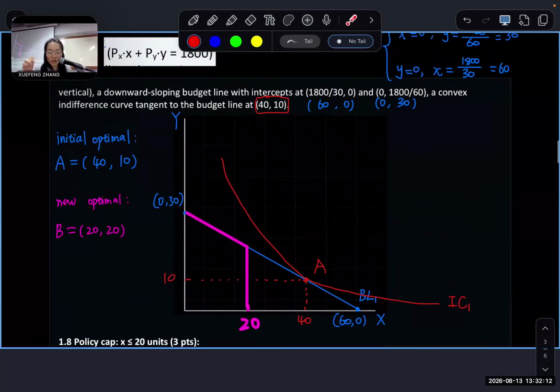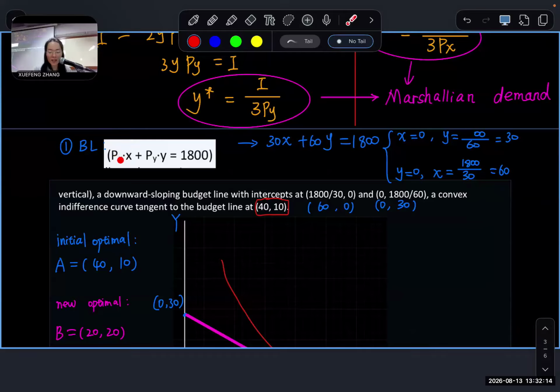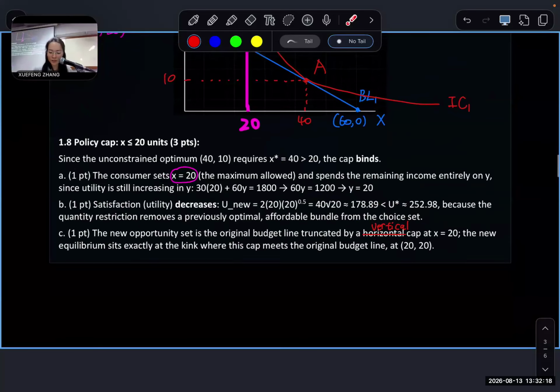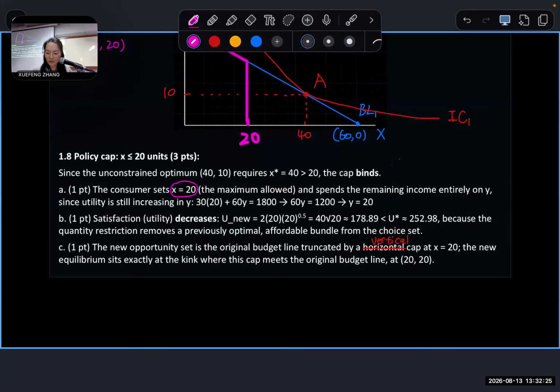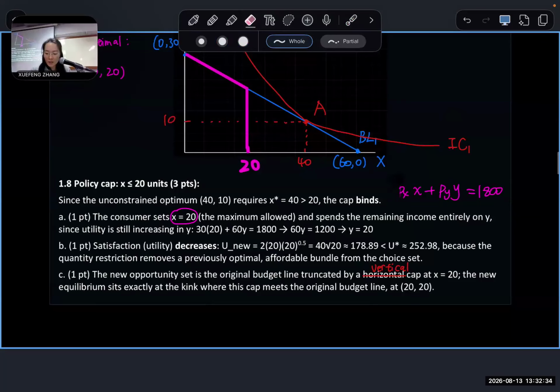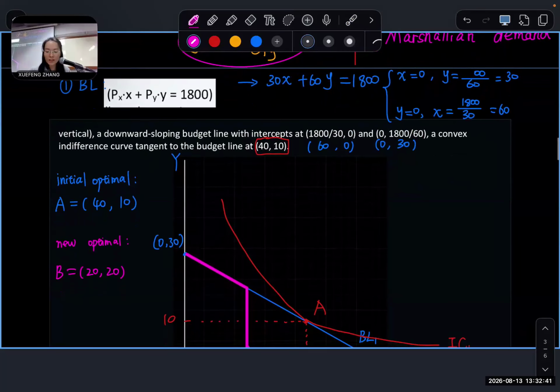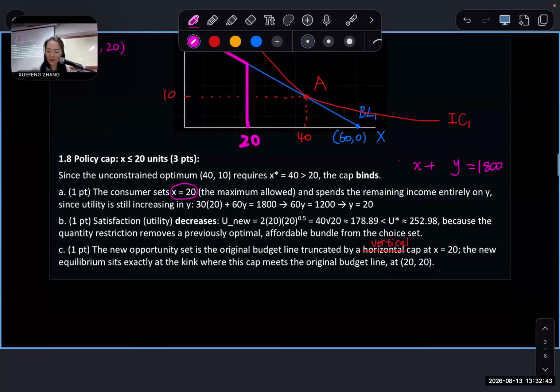You still need the budget line here: Px times X plus Py times Y equal 1,800. And then you plug in Px and Py. What is Px and Py? 30x plus 60y.